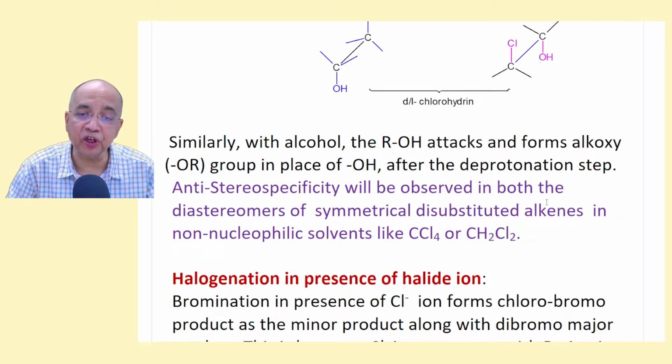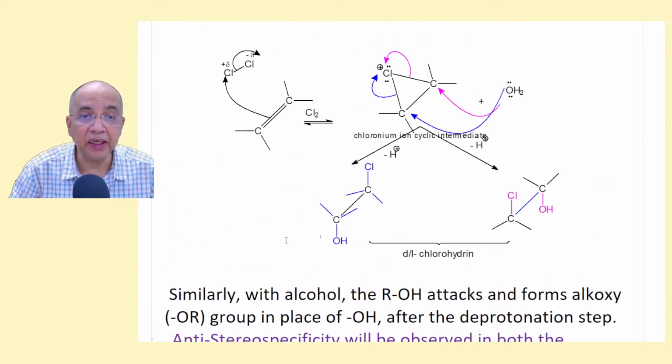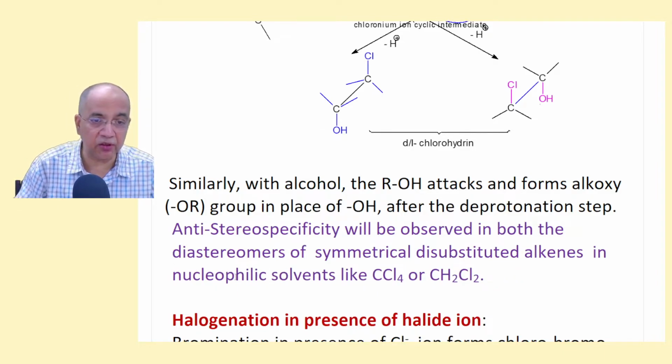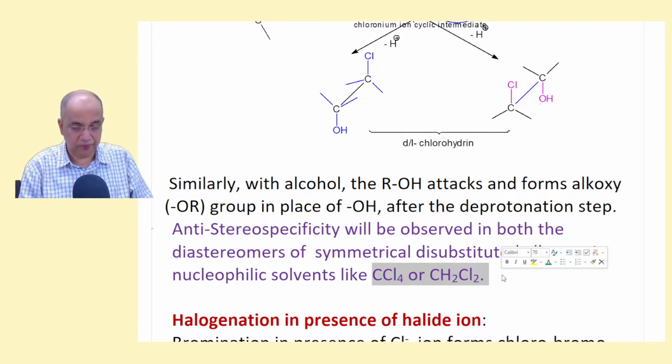Anti-stereospecificity will be observed in both these diastereoisomers of symmetrical disubstituted alkene in non-nucleophilic solvent. In nucleophilic solvents, that is, it was already there in nucleophilic solvents like water, alcohol.